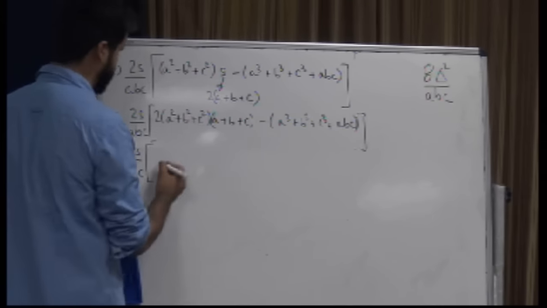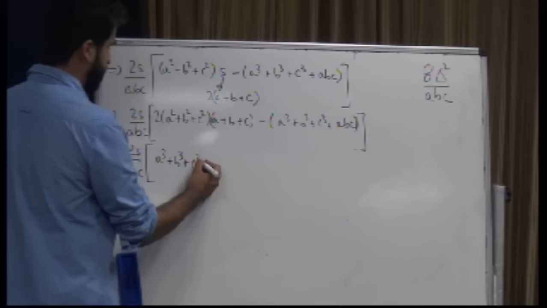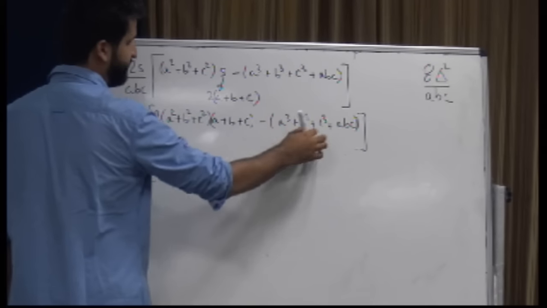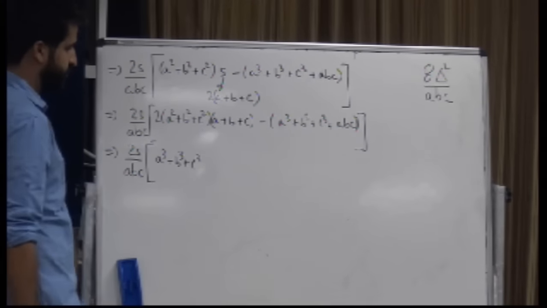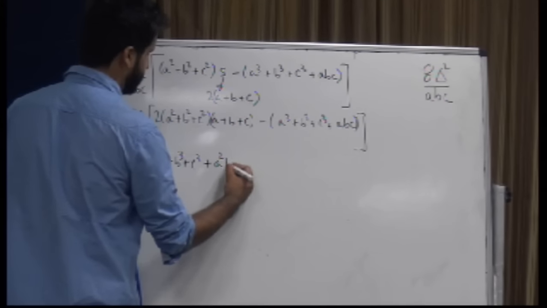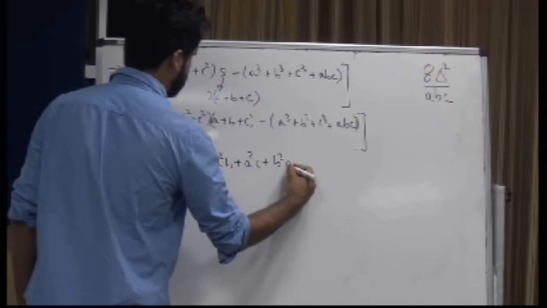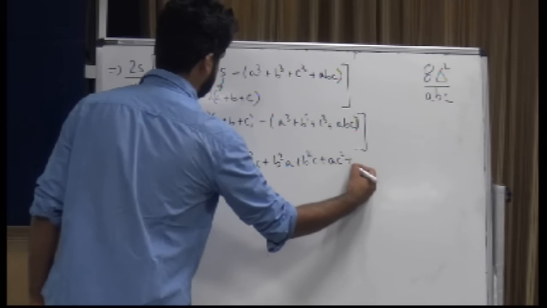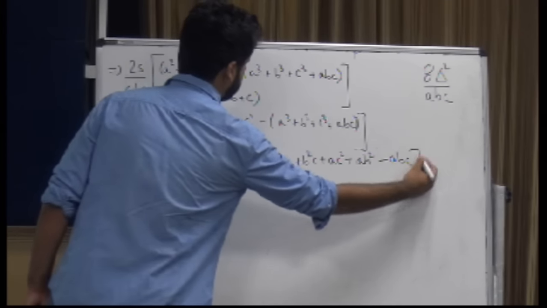This is A cube. So I will get 2A cube, 2B cube, 2C cube. And I have A cube, B cube, C cube over here. So I will get A cube plus B cube plus C cube plus A square B plus A square C plus B square A plus B square C plus AC square plus AB square minus ABC.